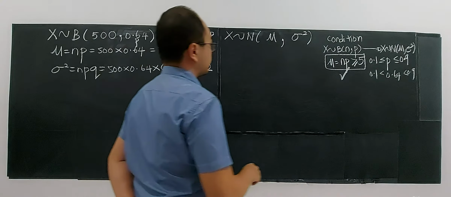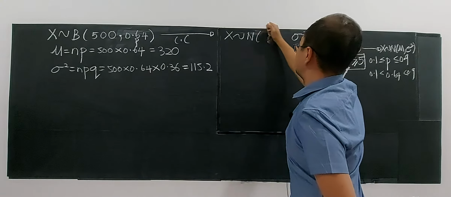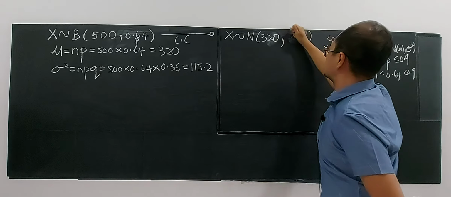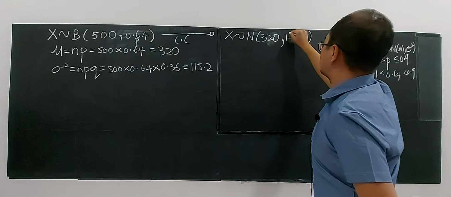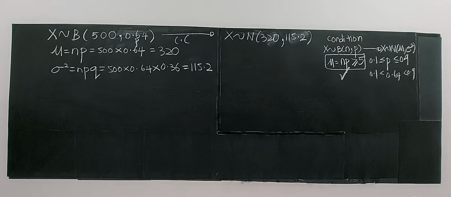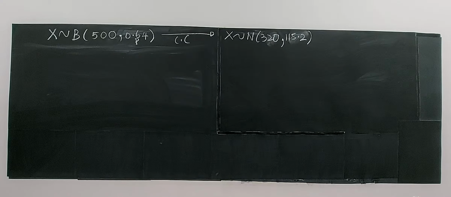Now we know the mean is 320 and the variance is 115.2. Now we can start answering the question.